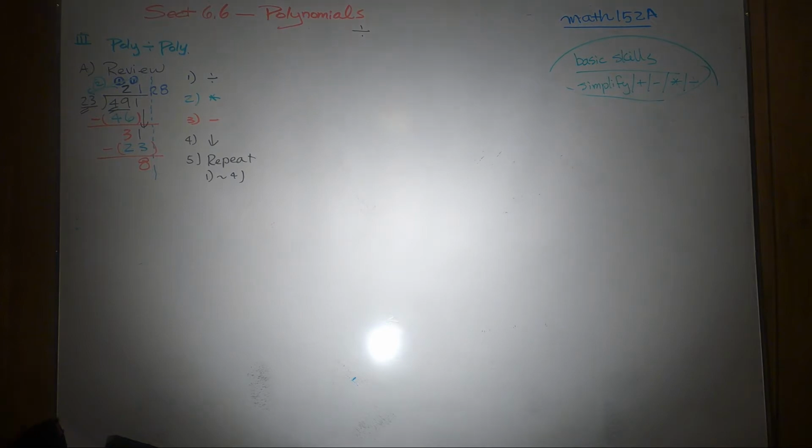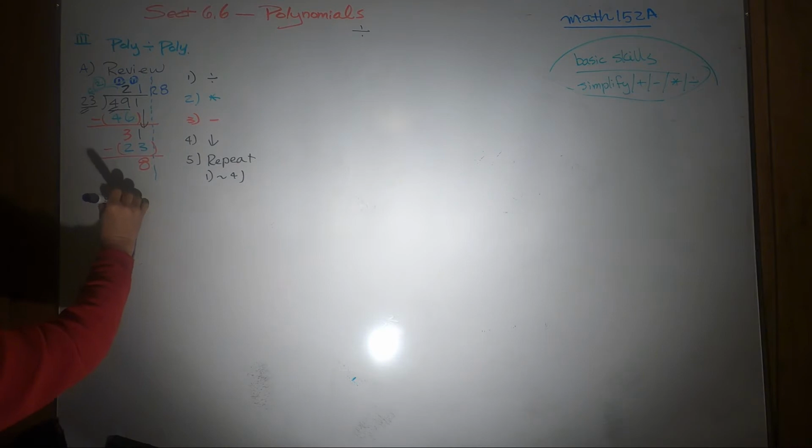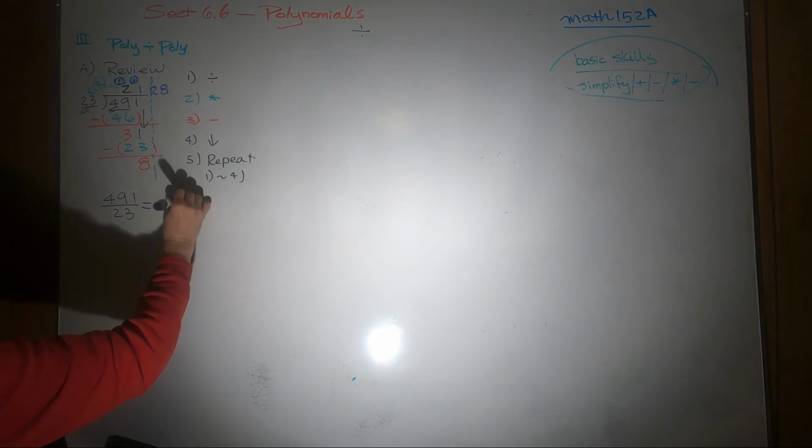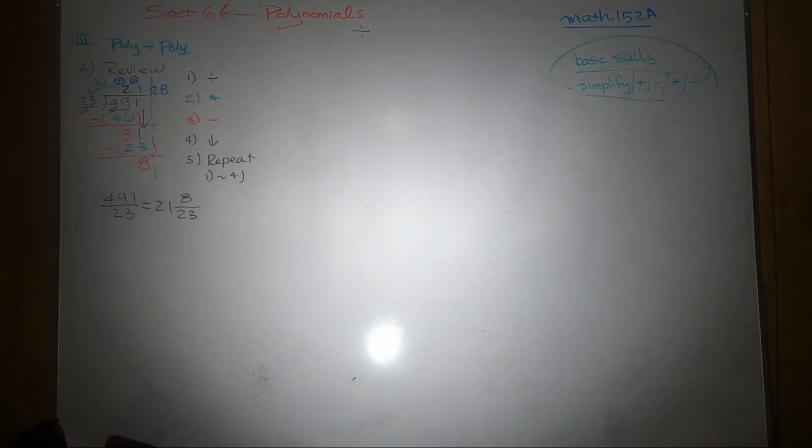If we write it in fraction form, that would be 491 over 23. That would be 21 remainder 8. Then we write the remainder over 23rds. That's how we change a fraction to a mixed number.